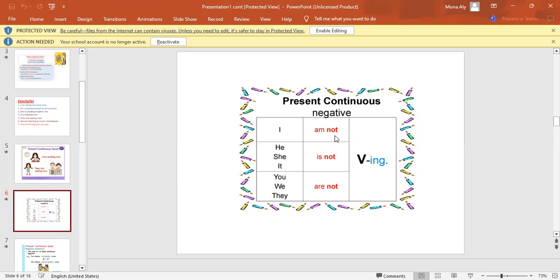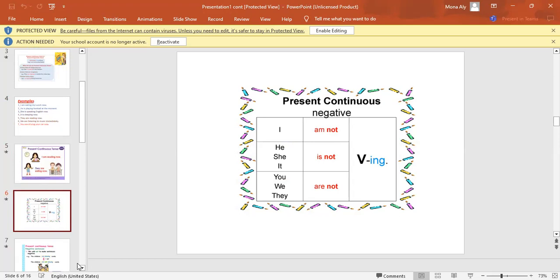verb to be. Okay, I know it's easy, but I'm just refreshing your information or your grammar lessons. Okay, so I'm not, he's not, she's not, they are not, we are not, you are not plus verb ing, right?